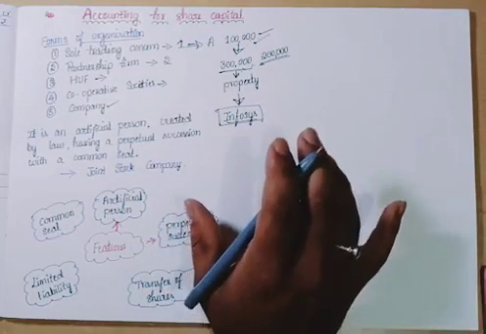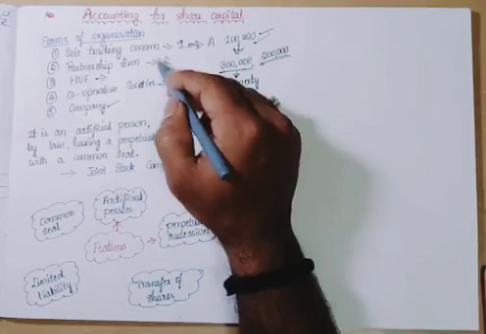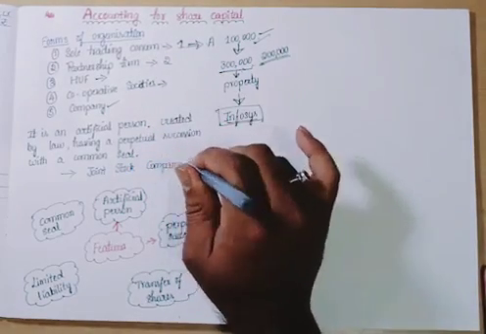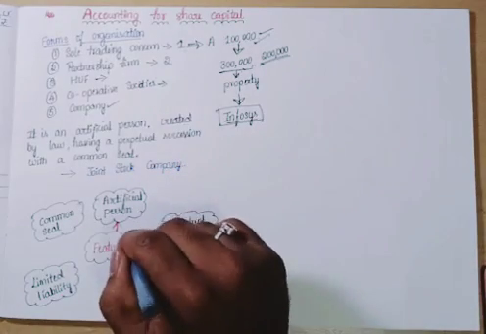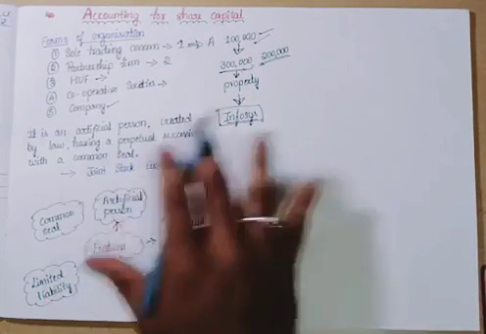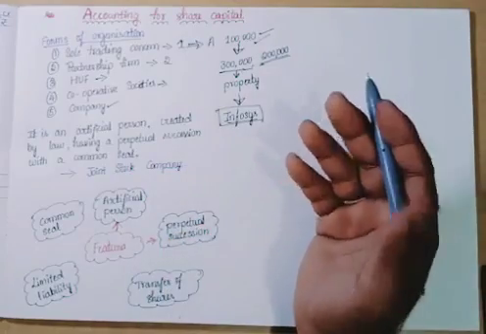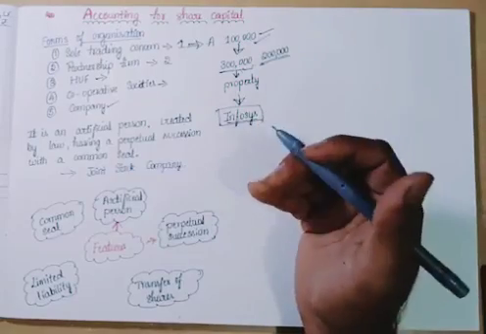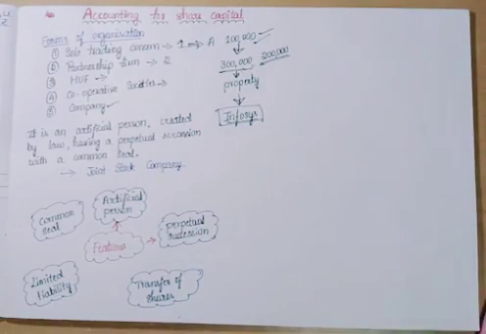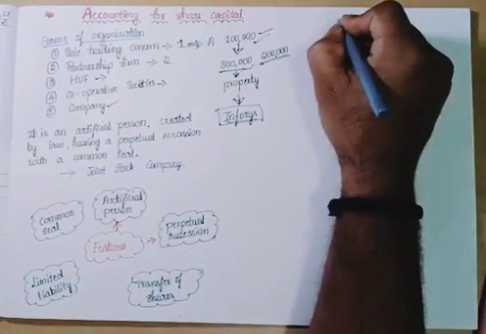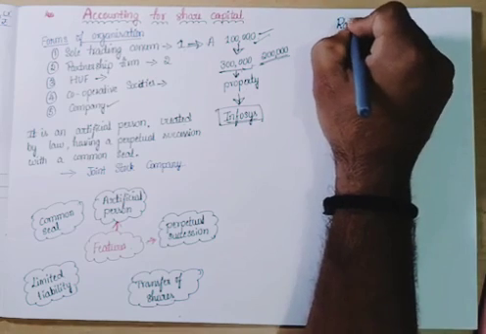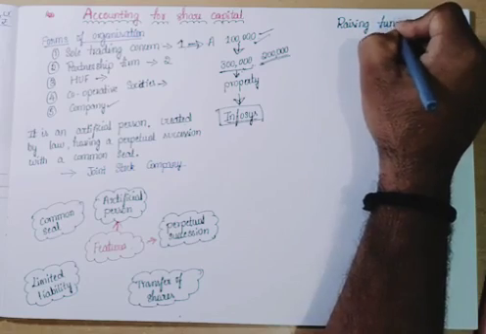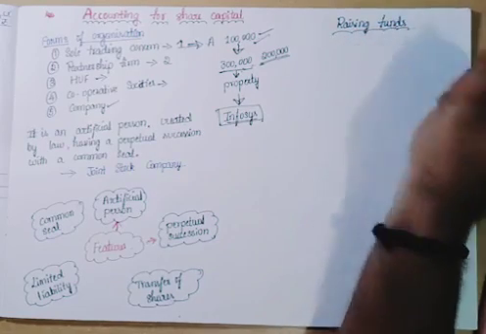So till now we discussed the various forms of organization of ownership, what you mean by a joint stock company, and if you want to consider any organization as a joint stock company, what various features it should include. Now let us see, if I want to start my joint stock company, where I can raise funds. To raise funds to start my company, usually we have two options here.